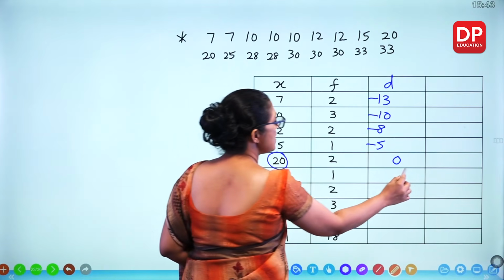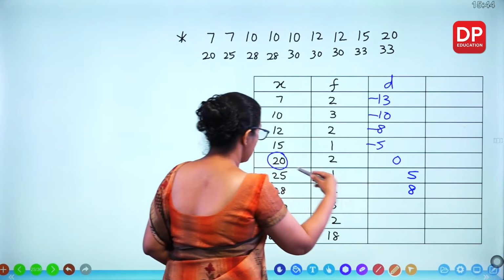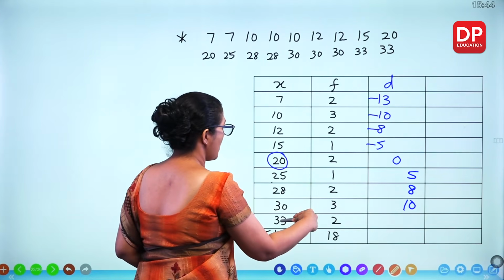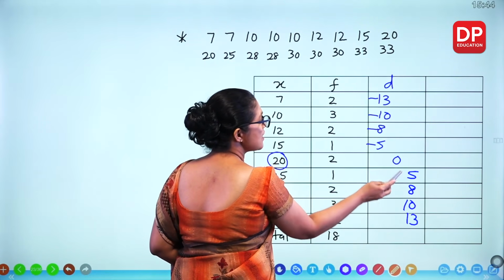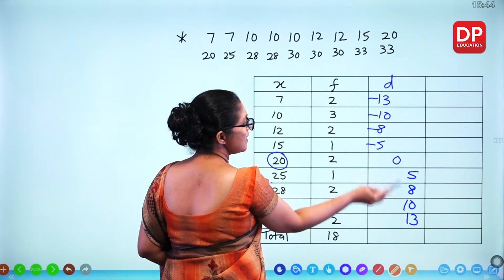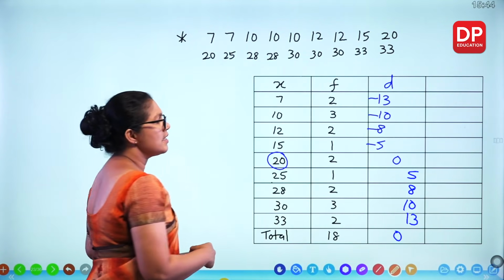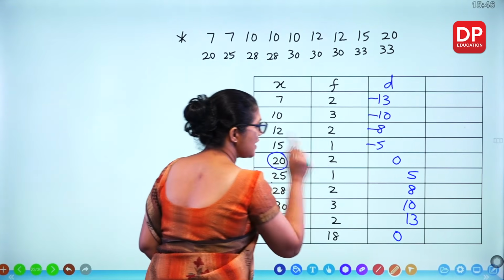25 minus 20, plus 5. 28, plus 8. Then plus 10, plus 13. Now what happens? All these get cancelled out and you get deviation 0. So here the total deviation is 0.